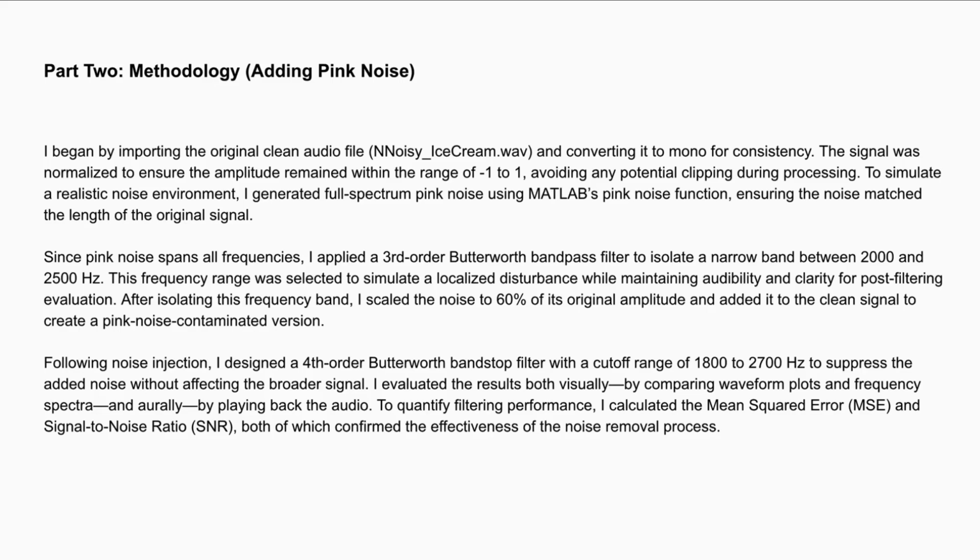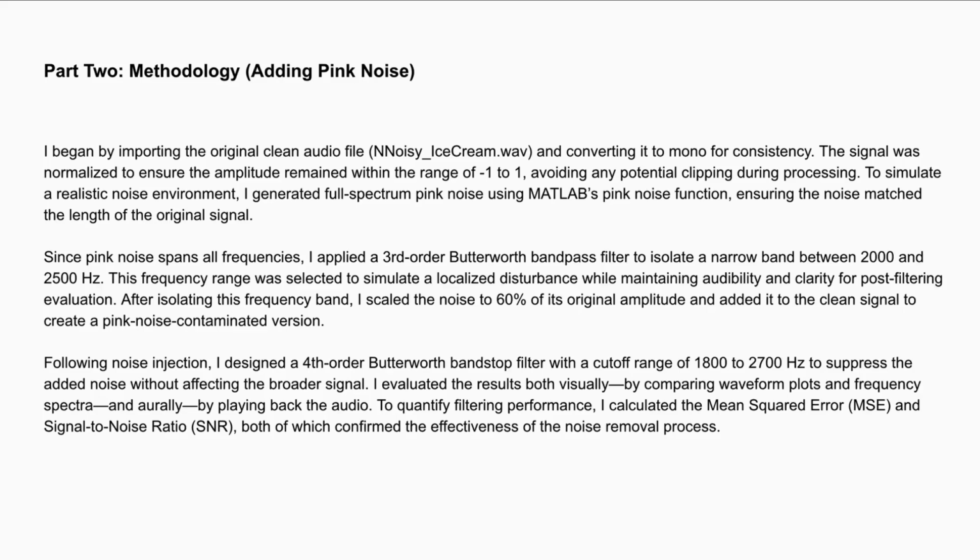And then, since the noise spanned all frequencies, I did a third order bandpass filter and narrowed it down to 2000 to 2500 hertz, and scaled the noise to 60% of the original amplitude so that it would be easier to filter after isolating. And then I added a clean signal to create a pink noise contaminated version.